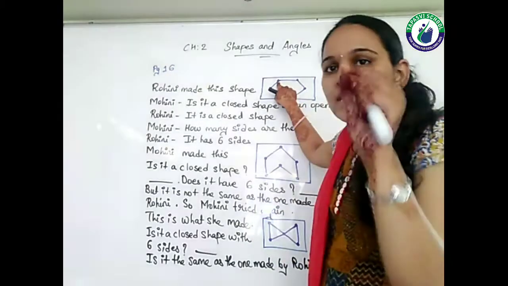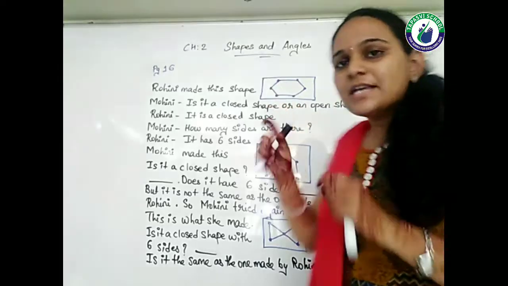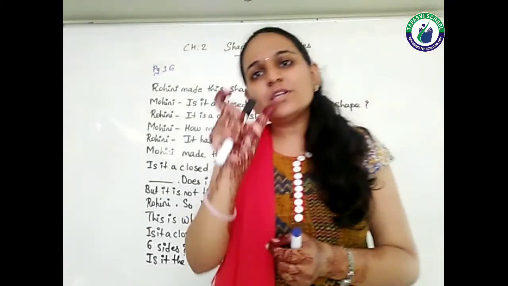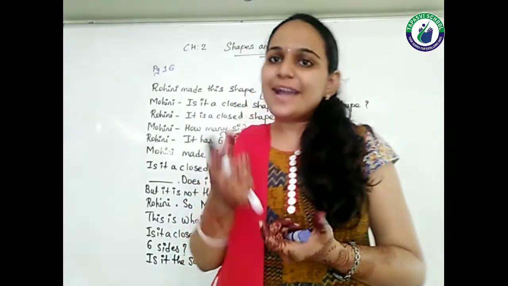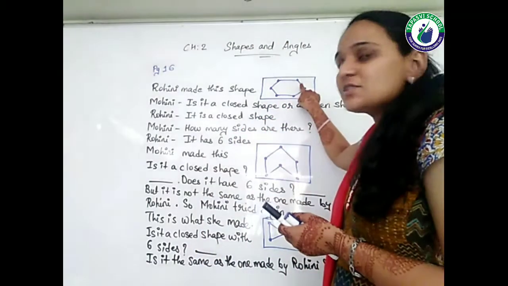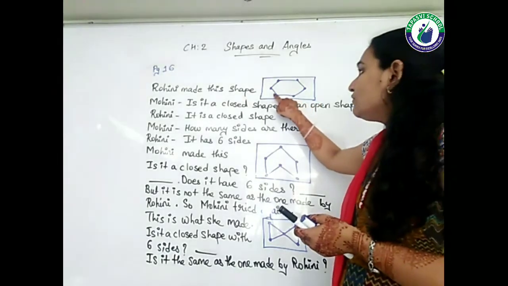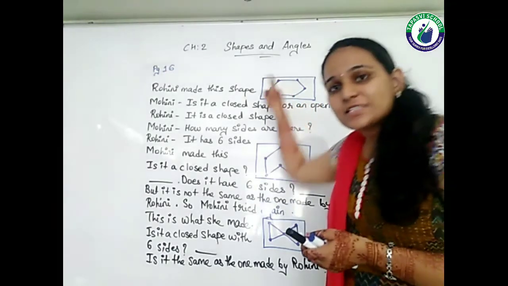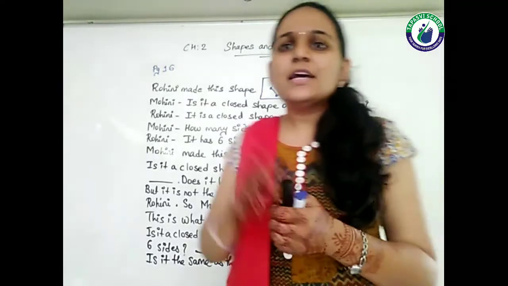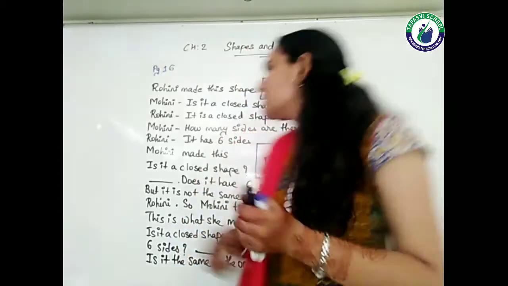The one which I have marked with the dotted one, that is called the vertex. So between two vertices, one side is there, or you can call it one edge also. So this is one edge, students. This is the second edge. This is the third edge, fourth edge, fifth edge, and sixth. You can call edges your sides also. So total 6 sides are there.